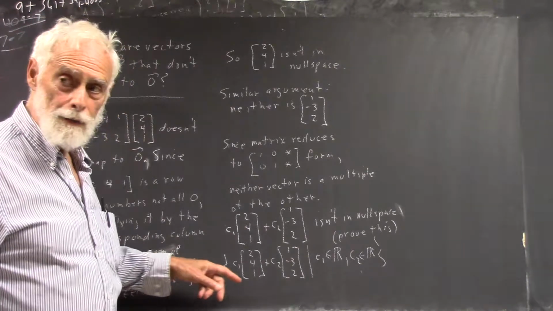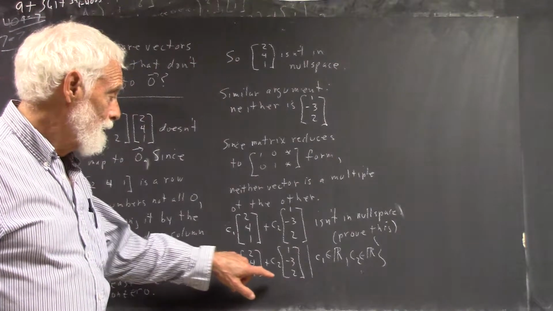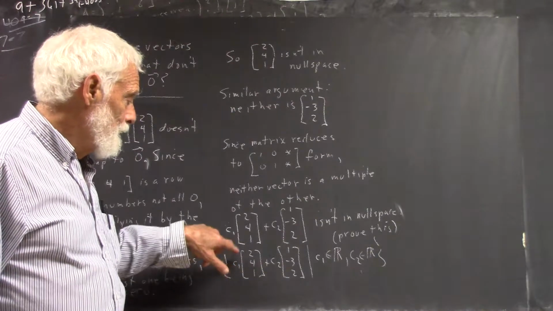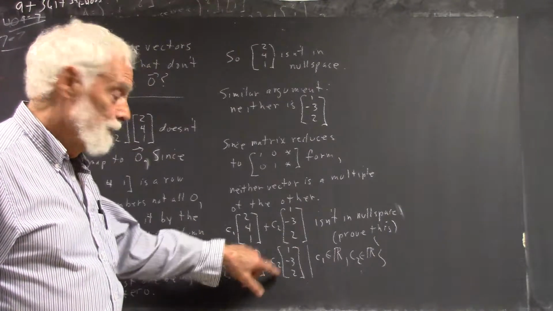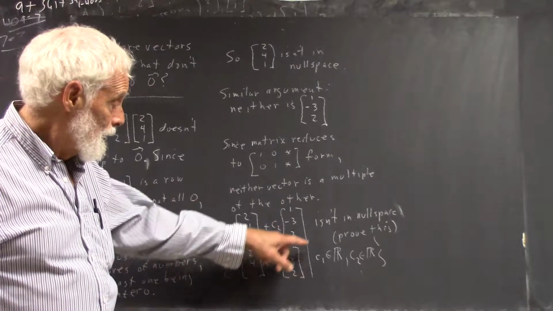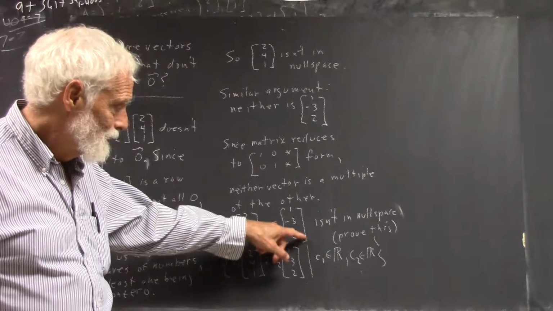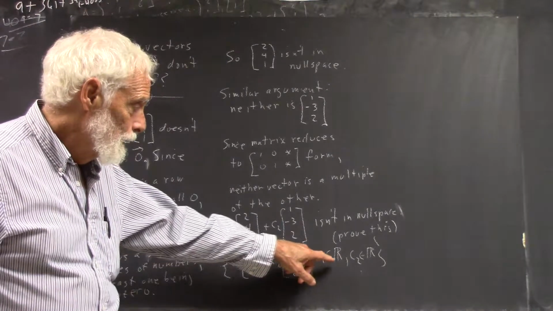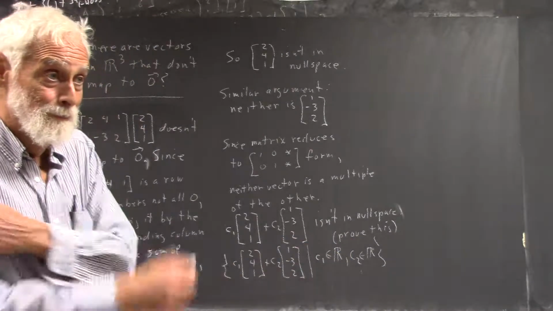This says the set of all sums of multiples, C1 times this plus C2 times this. This line means such that C1 and C2 are both real numbers.